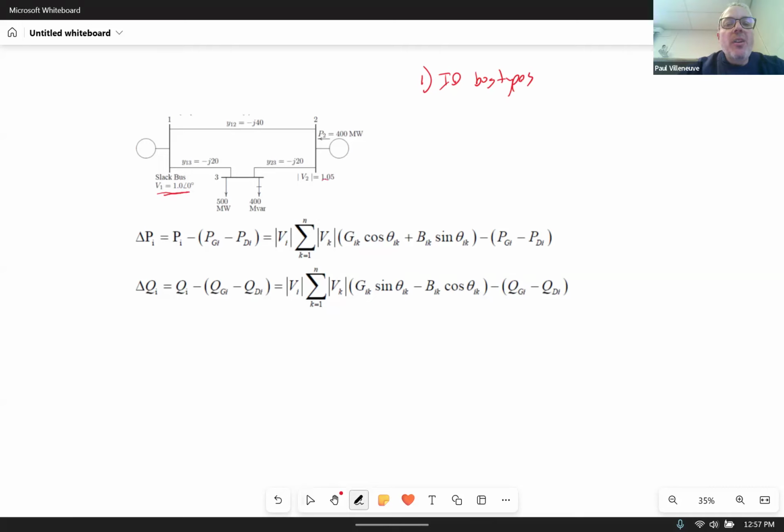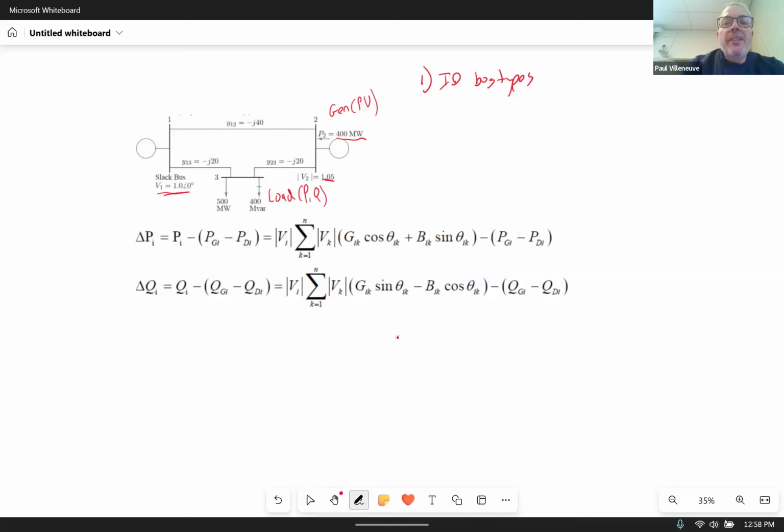Over here, we know the magnitude of the voltage as well as the power injected into the bus. So that is a PV or a gen bus, right? Because you know the real power and the voltage. For bus 3, all we know is P and Q. So that is a load or a PQ bus, right?